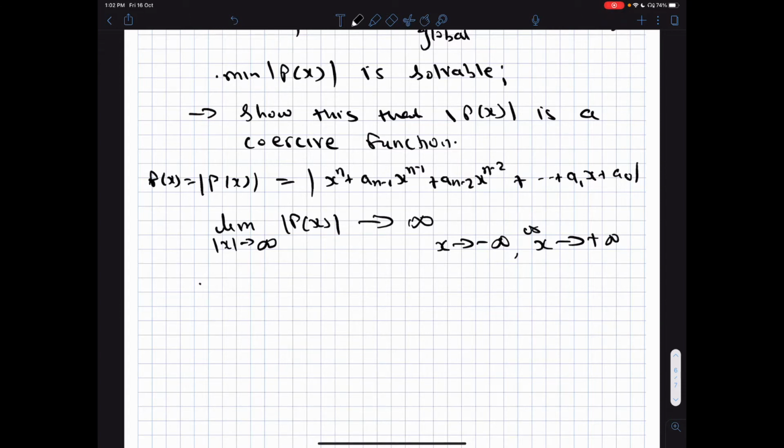So what I'll do is first write P of x by taking x to the power n common outside, and write this as a_n plus a_{n-1} by x, and so on, plus a0 by x to the power n.